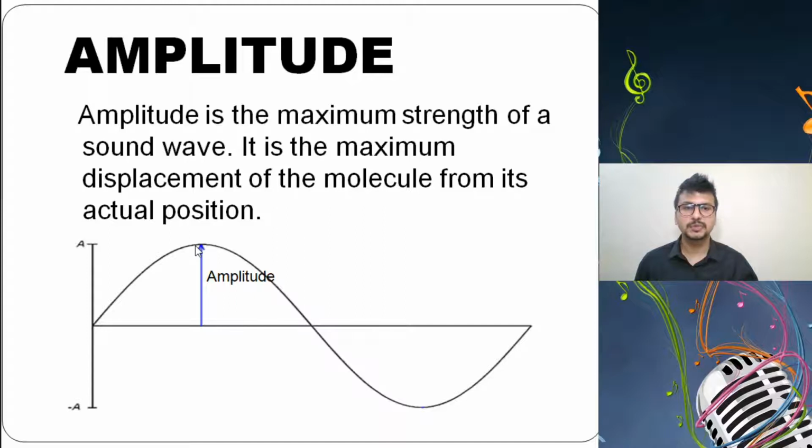Amplitude is the maximum strength of the sound wave. It is the maximum displacement of the molecule from its actual position. If I say hello and then say another hello, in the second one my voice was a little louder, so the amplitude was more.